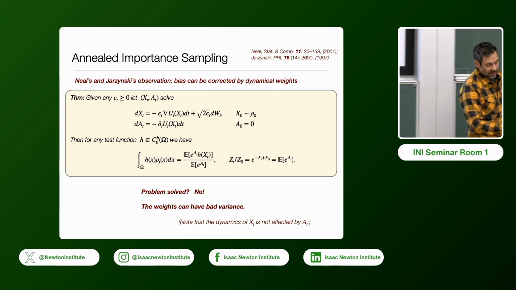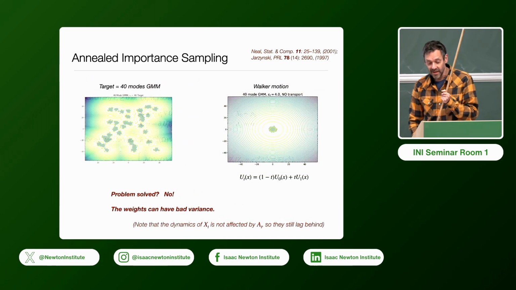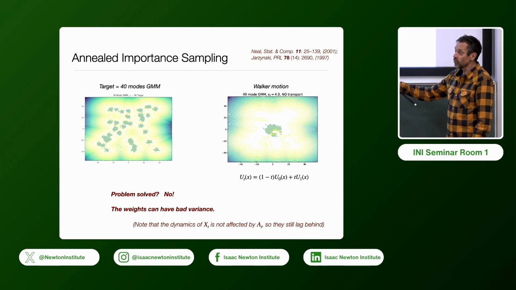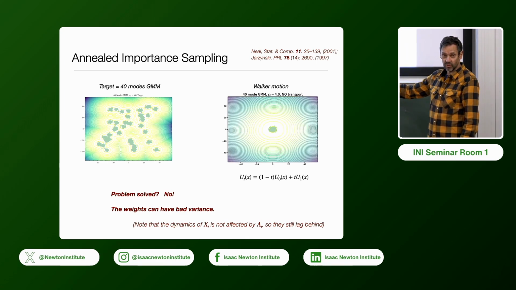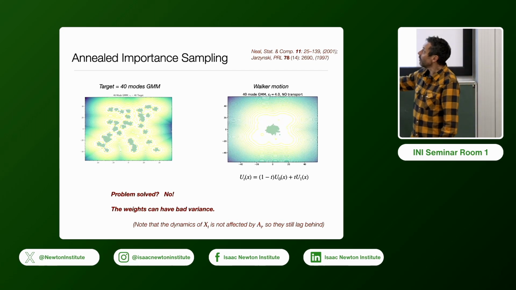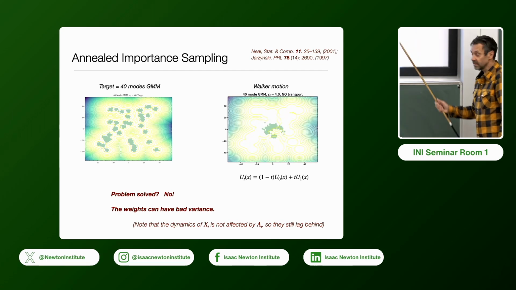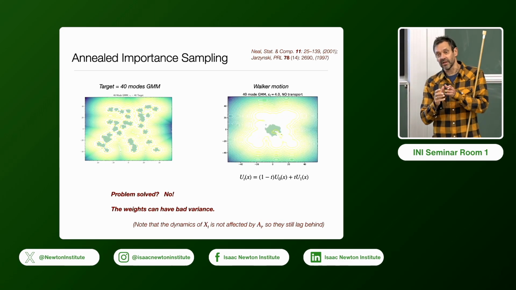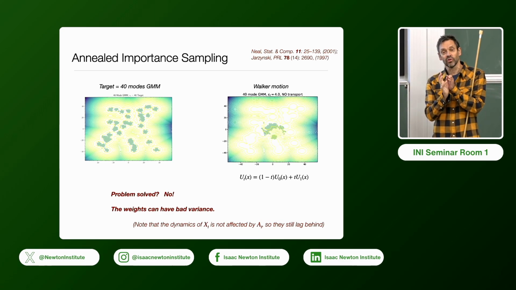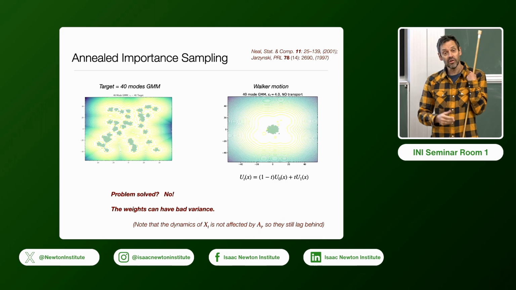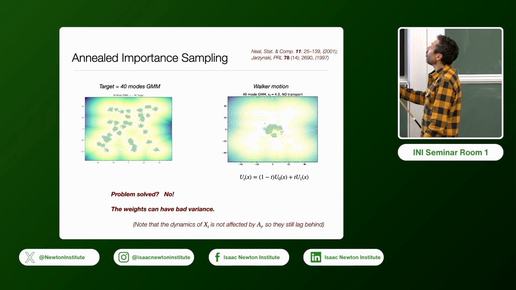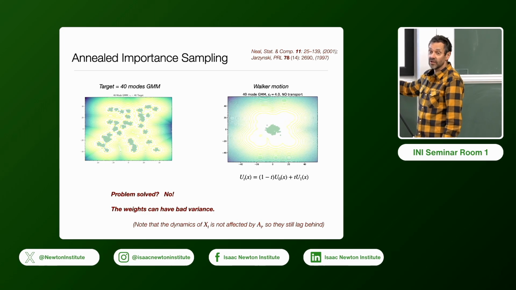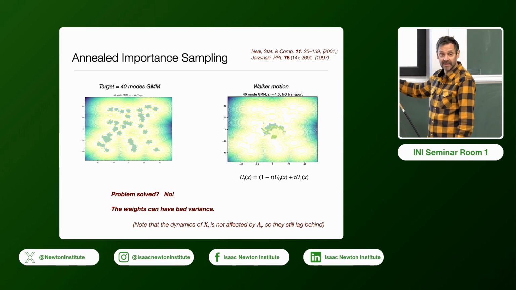Okay? So let me give you another little movie that illustrates maybe the difficulty. This is a target 40-mode Gaussian GMM, so Gaussian mixture model, with samples as they should be on it. And this movie shows you what happens if you take a potential that goes from a quadratic, so a Gaussian, to this mixture. And what you see is that the walkers are lagging behind, exactly because intentionally here the potential is moved a little bit too fast, right?